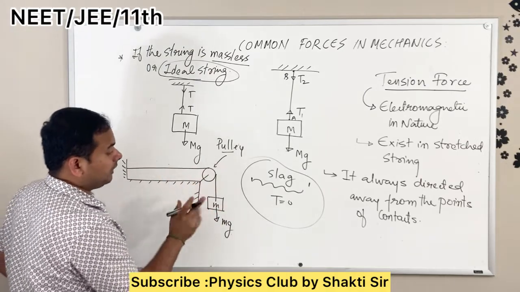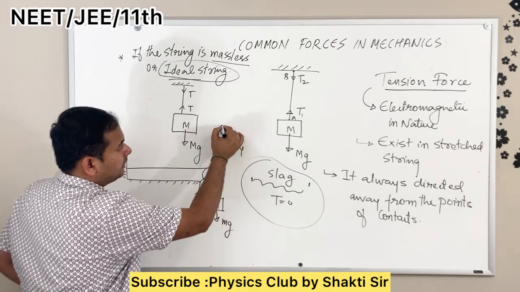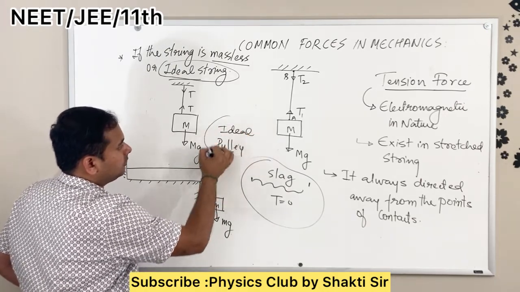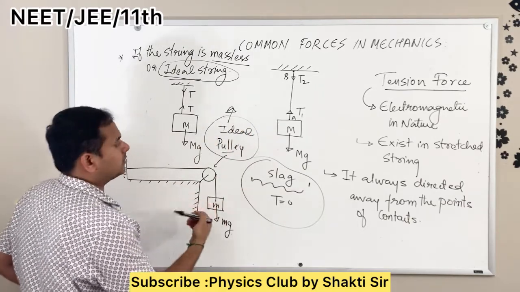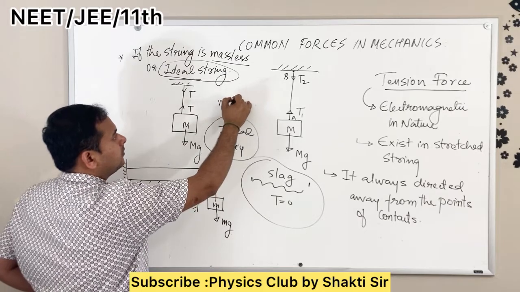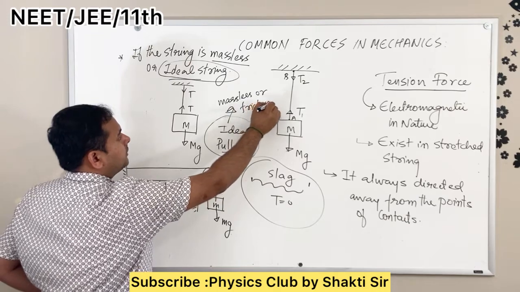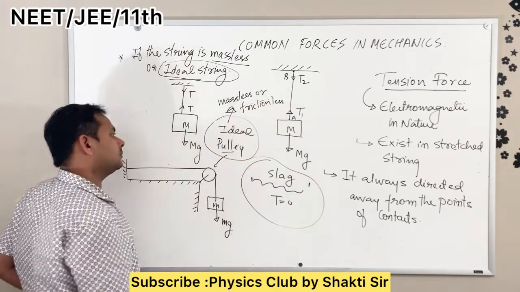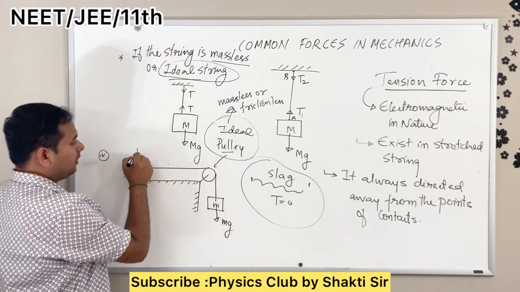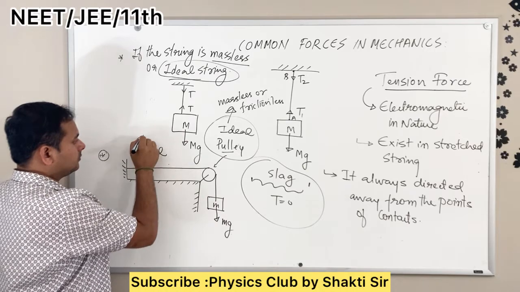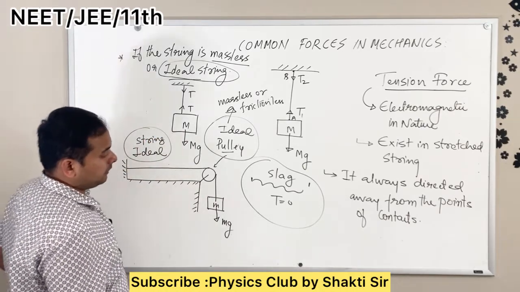Now we have a pulley and string, two things. If the pulley is ideal, pulley means massless or frictionless, that's called an ideal pulley. The string is also an ideal string. Then what happens?